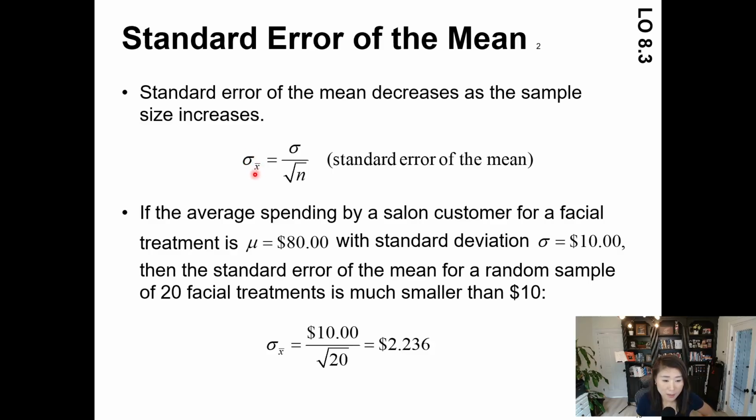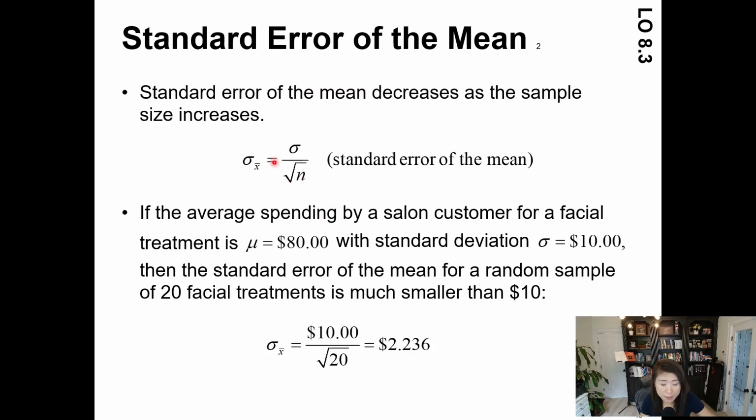Without this x bar, you are talking about the standard deviation of our population data. So the standard deviation of the mean, which we call the standard error of the mean, is equal to the population standard deviation from your data divided by the square root of n. Again, we are not diving into how this formula comes about. This is the formula you are going to use to calculate the standard error of the mean, which is the standard deviation of the mean.